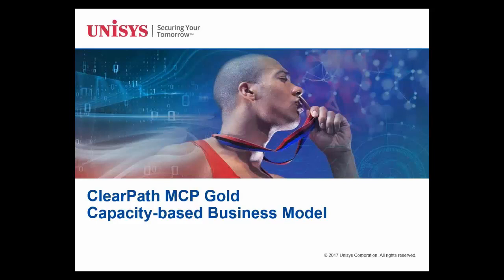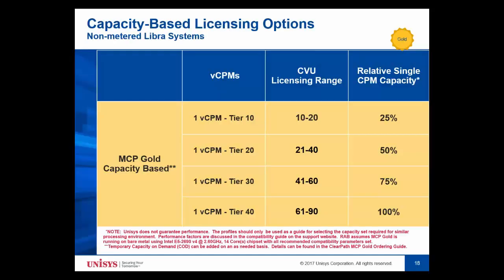So let's talk first about capacity-based. And with capacity-based, as I said earlier, we have 4 different options that are available, and they're tiered, tier 10 through tier 40. The CVU licensing range for those different tiers, as you can see, ranges 10 to 20 for the tier 10 key, which gives you 25% of 1 virtual CPM.